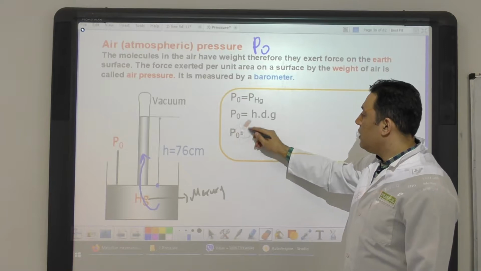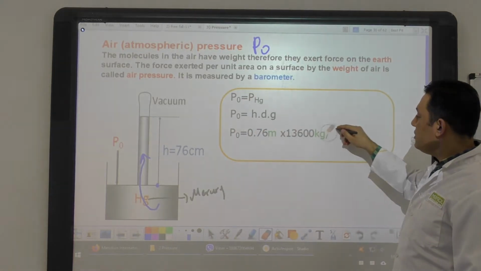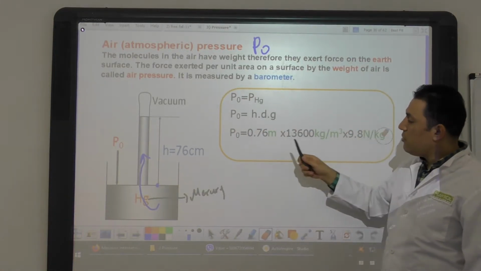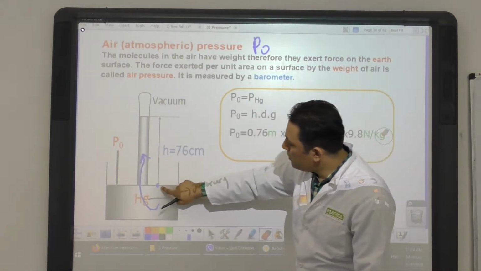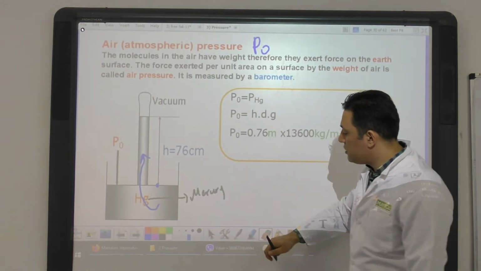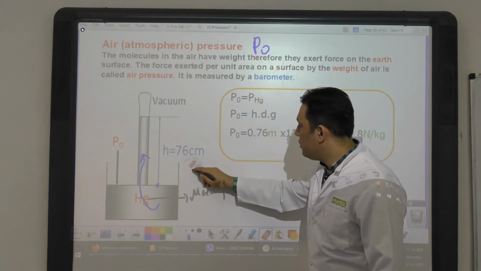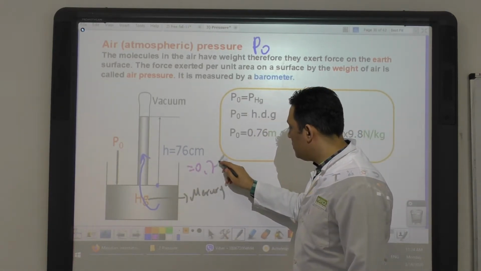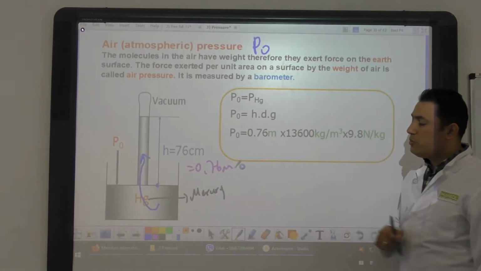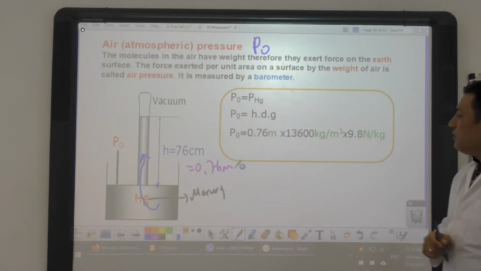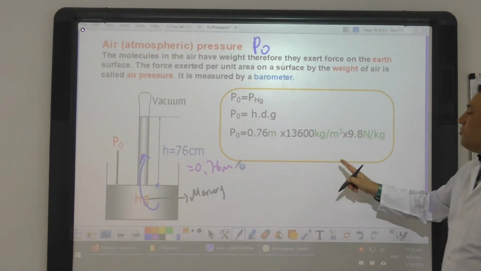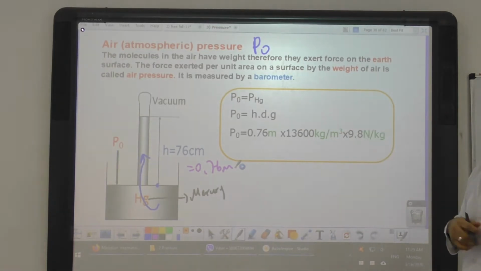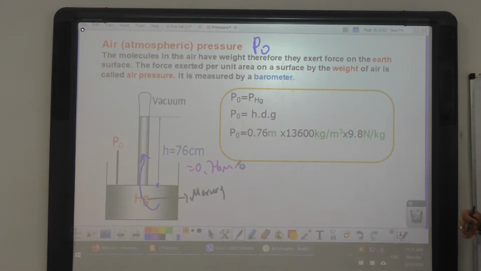Since the rise of mercury in the tube is equal to 76 centimeters, which is also equal to 0.76 meters, we multiply it by the density of mercury, 13,600 kilograms per cubic meter, and the gravitational acceleration, 9.8 newtons per kilogram.